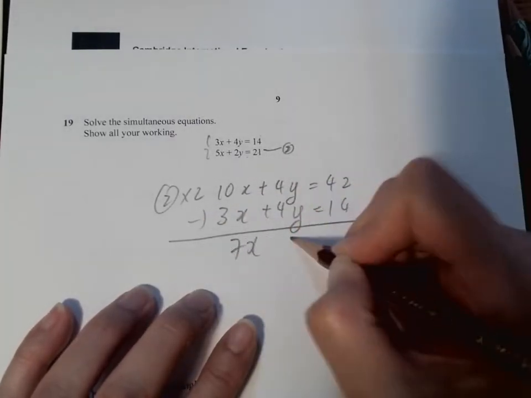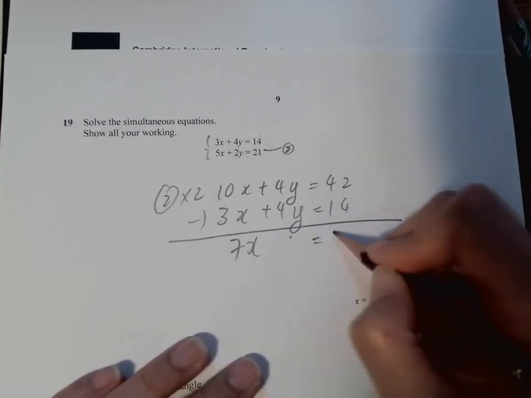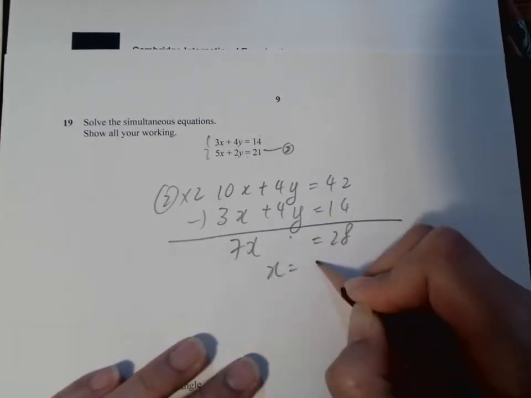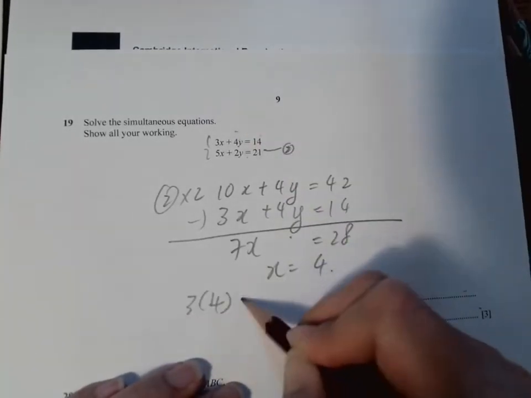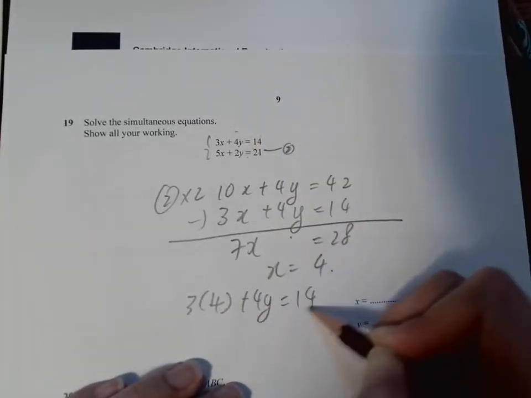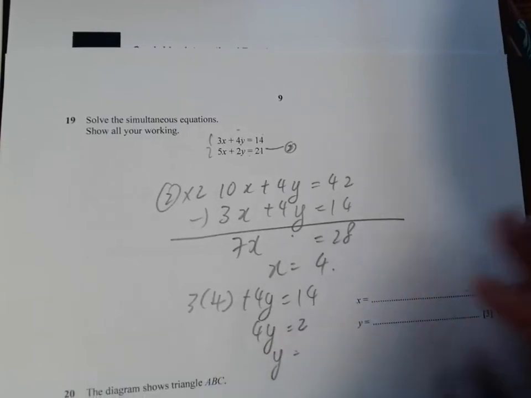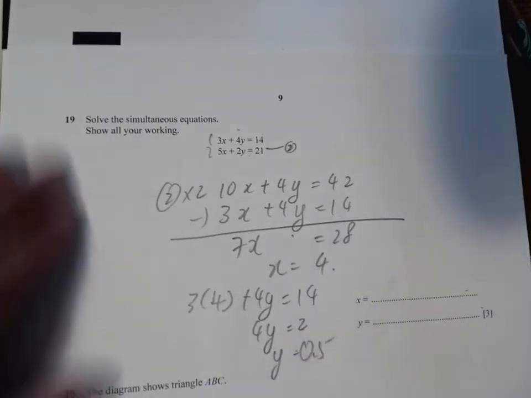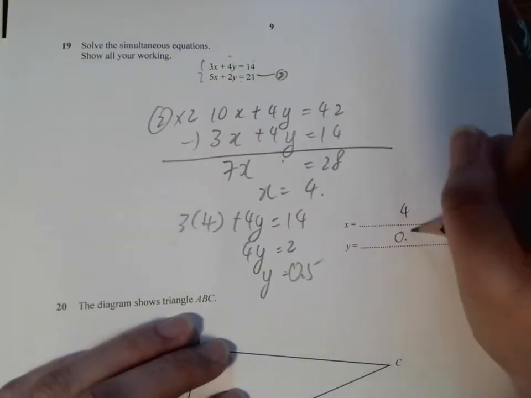So we got 7x, this is gone, and 42 minus 14 is 28. x equals 4. Substitute back in 12. So our x is 4 and y is 0.5.